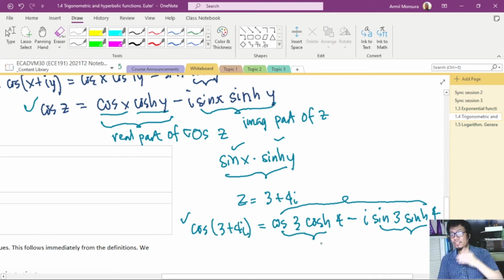So again, when you input a complex valued input to a function, generally, the value of the function also becomes complex. In this case, that holds true.